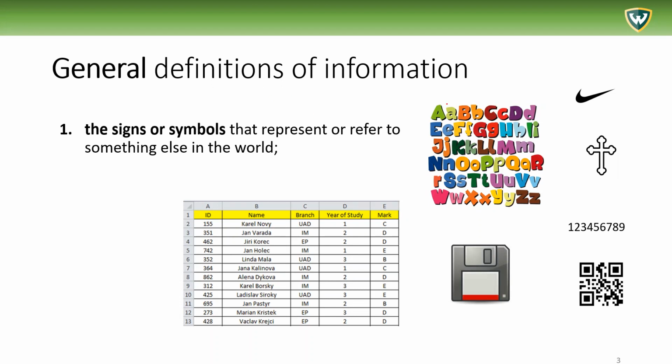The letters of the alphabet, the data in the databases, in the tables of the records, the different types of symbols. There's the more iconic symbol, which is a representation of a diskette. There are QR codes. These are signs or symbols that represent or refer to something else.